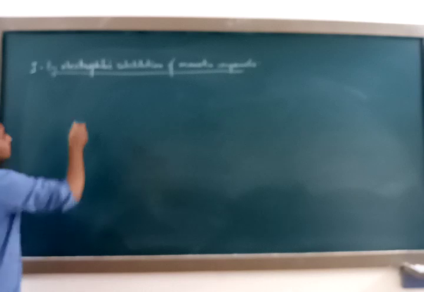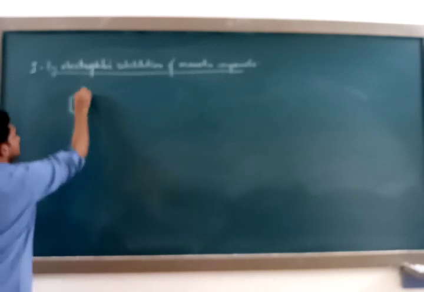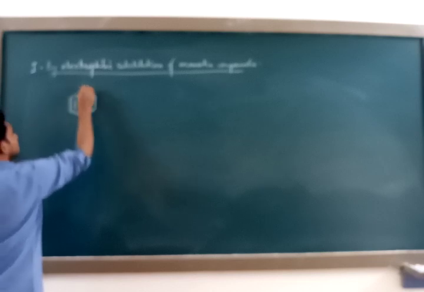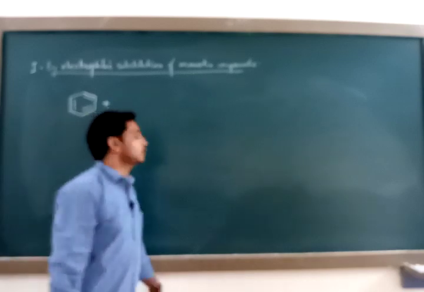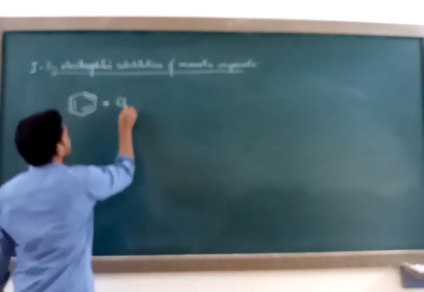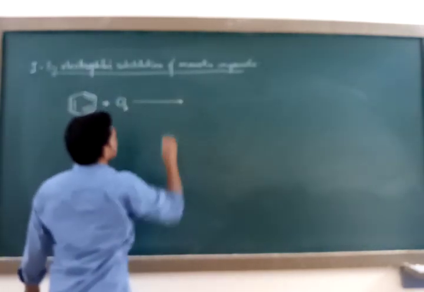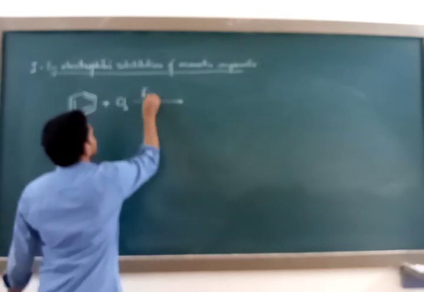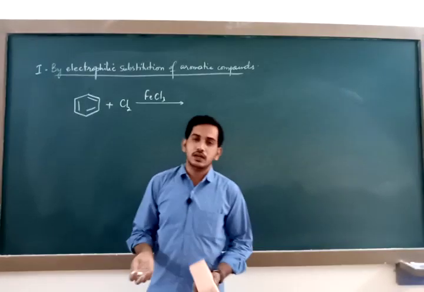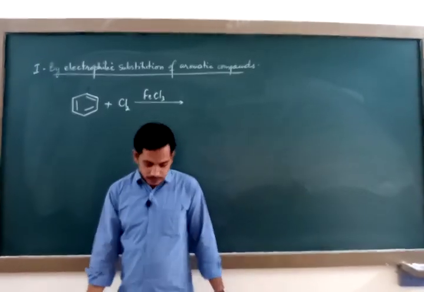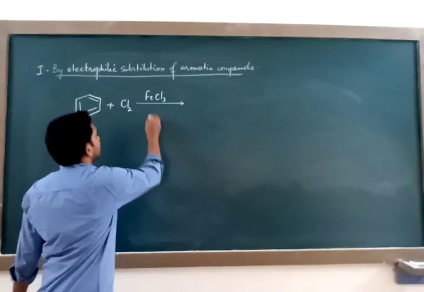The best example for any aromatic compound is benzene. So, if benzene is reacted with any halogen, let us consider chlorine, this takes place in the presence of a catalyst like FeCl3, ferric chloride, which acts as a catalyst or a halogen carrier, provided the condition is dark.